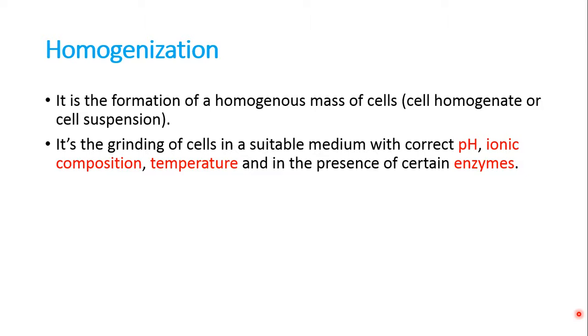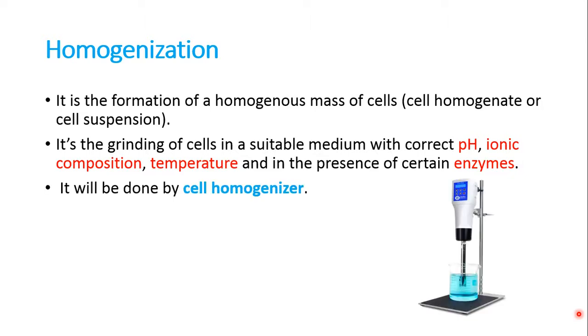But how will we get that suspension? We will provide a suitable medium to that machine, including pH, ionic composition, temperature, and enzymes. These should all be optimum in that machine. But here we are not using a blender or food mixer. We are using another type of machine, that is the cell homogenizer.